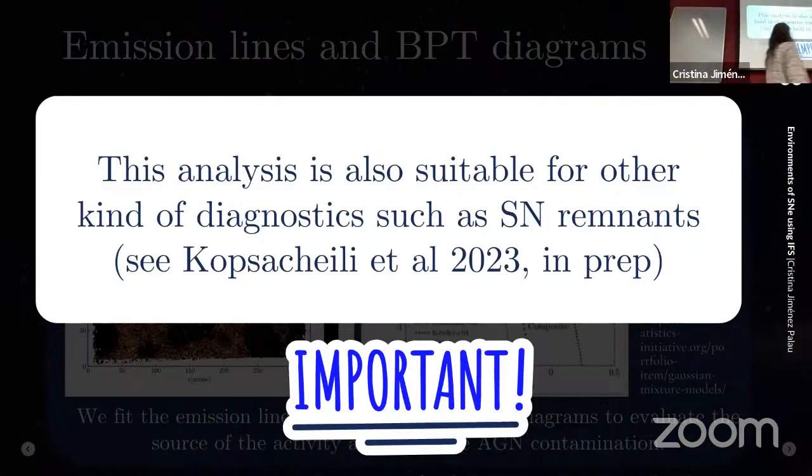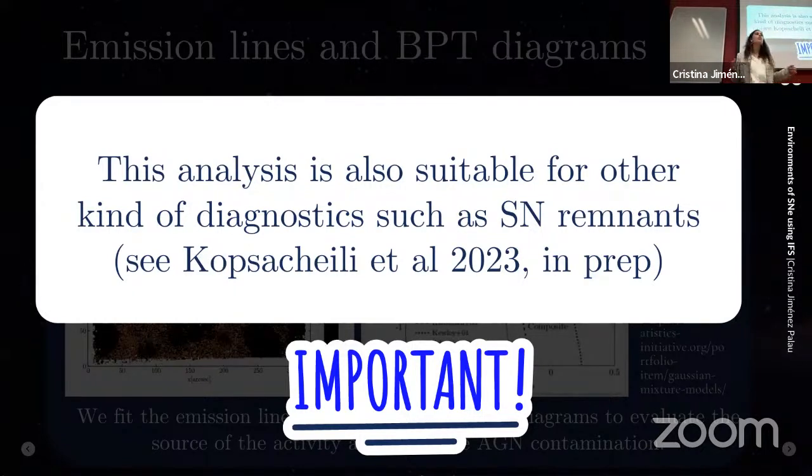One thing that is worth noticing about these maps and this analysis is that I am using it for analyzing the environments of supernovae, but it can be used for other kinds of studies, such as galaxies or very different things. For instance, right now I am working with Maria, one of the postdocs here, drawing maps of emission lines to do some analysis on supernova remnants.